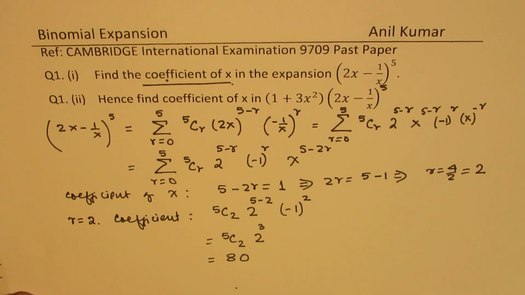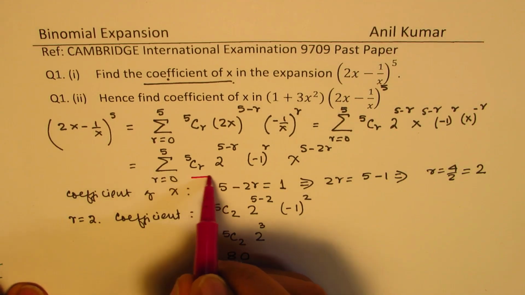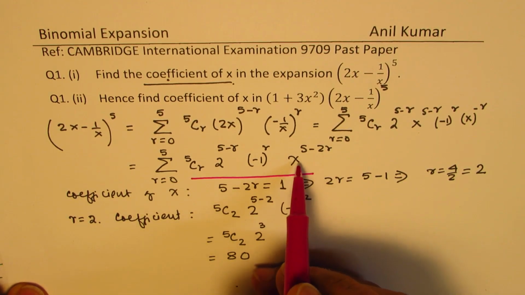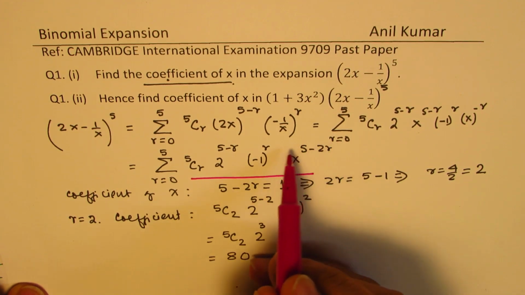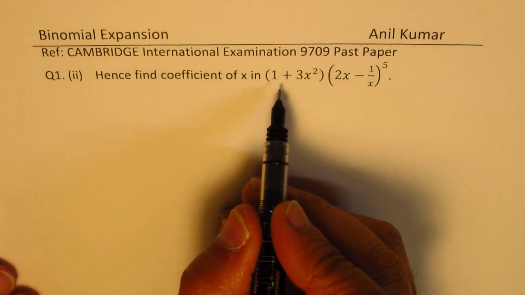So 80 is the coefficient of x. And also see that the general term was x to the power of 5 minus 2r. Do you see that? So we'll now try to understand how to relate the solution with our first part. Correct?